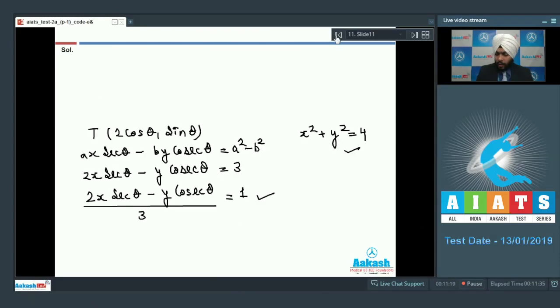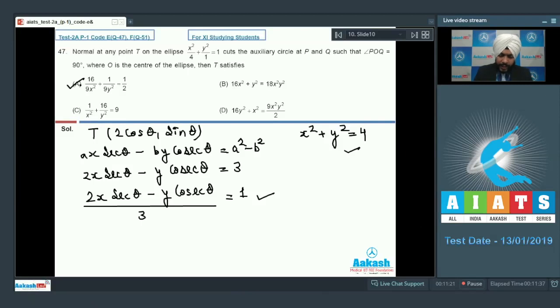So let us see which of the following options matches. The first option is correct, and since the first option is correct, the fourth option is also correct. So AD is the final answer for this particular question.